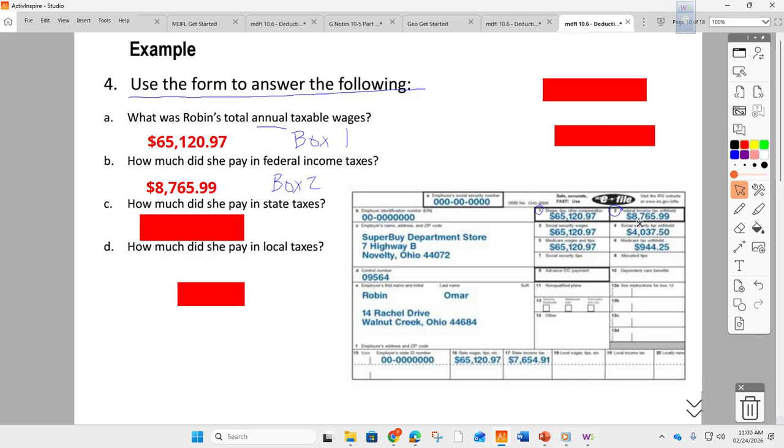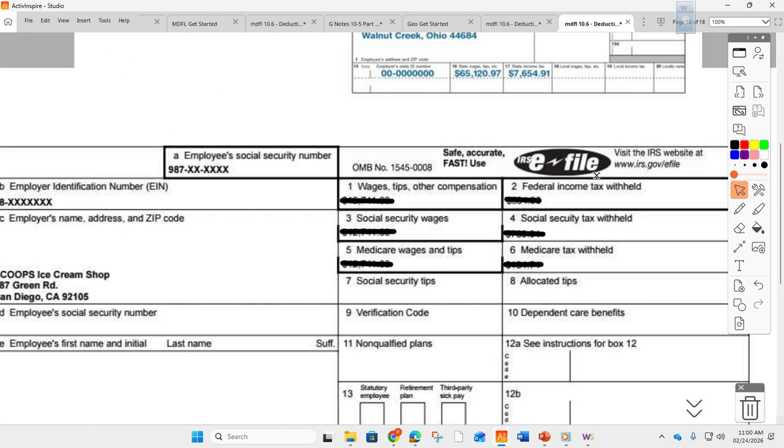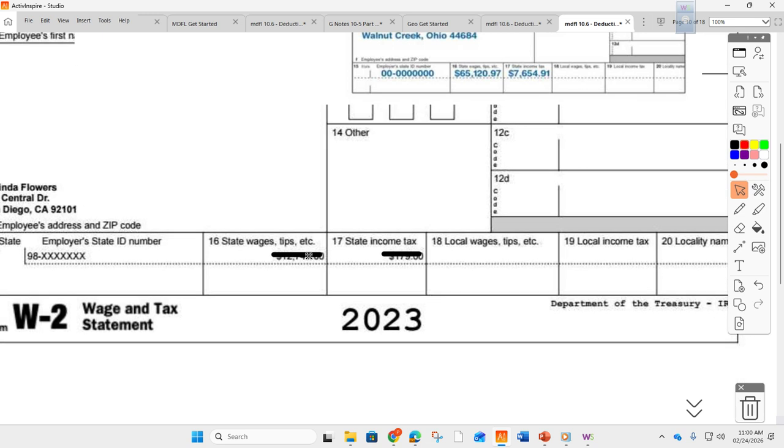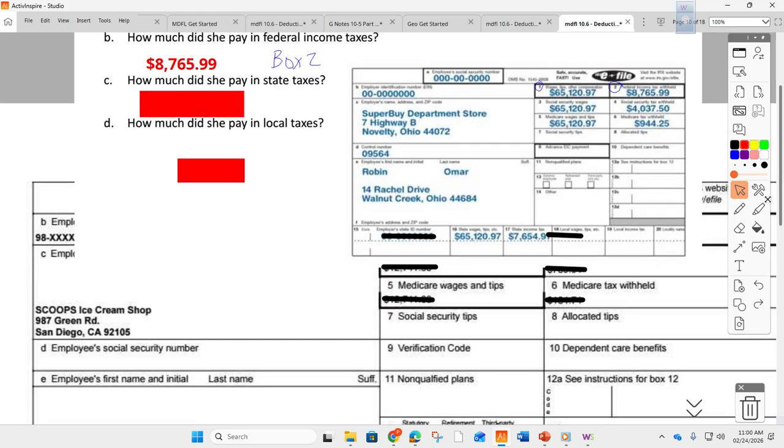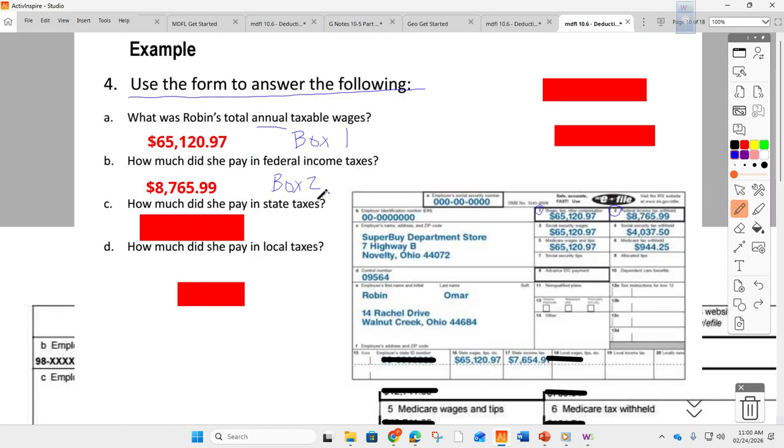How much did she pay in state taxes? Well, state taxes is not up here. It's along the bottom. Let's show you where it is here. So state taxes, box number 17. And that amount is $7,654.91. And the state and local taxes box is box 19, I'm pretty sure.